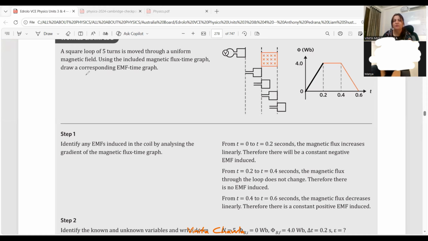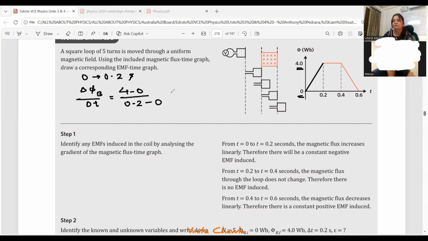So from 0 to 0.2 second, your change in magnetic flux is final magnetic flux 4 and initial magnetic flux 0. So we can write 4 minus 0 divided by the time interval, 0.2 minus 0. We are finding the rate of change of magnetic flux here.